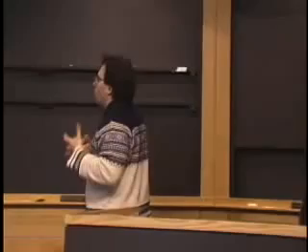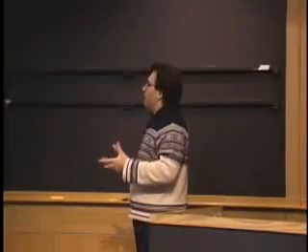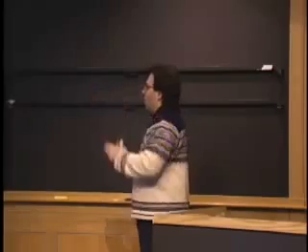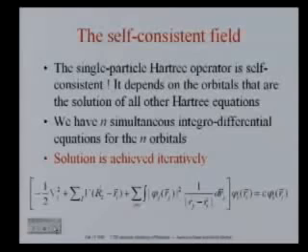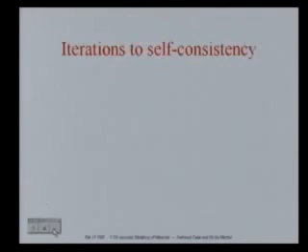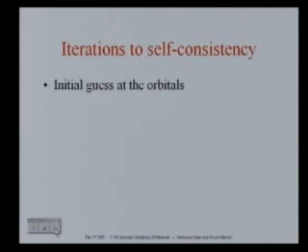That is, we need to solve a differential equation for which we don't even know at the beginning what the operator acting on our single particle wave function is. And so the concept of self-consistency and of iterative solution will basically always be present in all the electronic structure approaches that we are going to see in this class. And it's actually very simple to figure out what could be an actual algorithm to get to the solution.